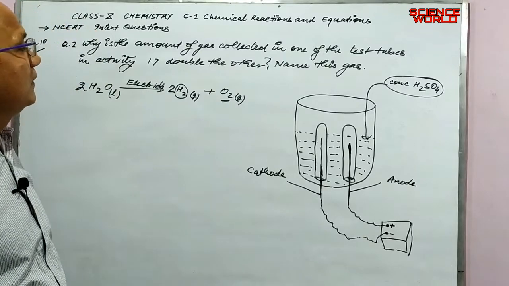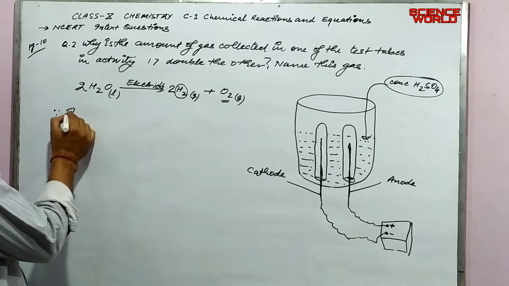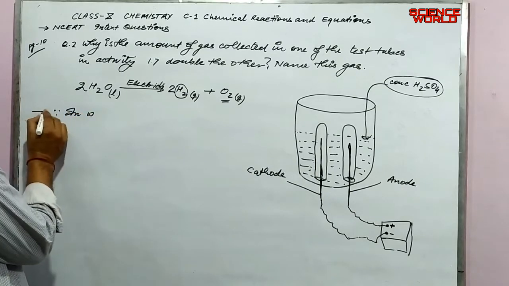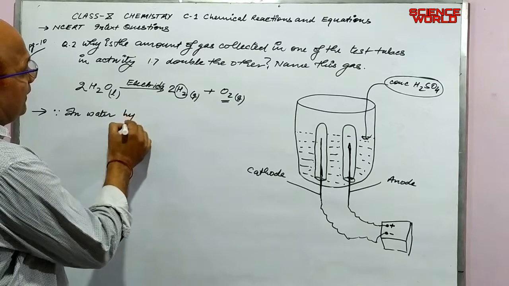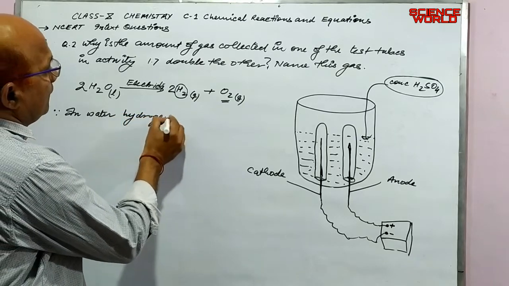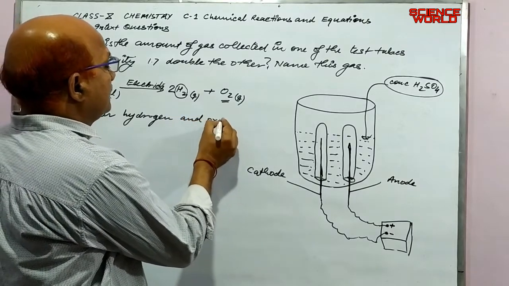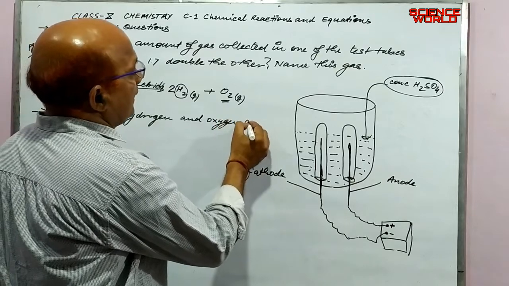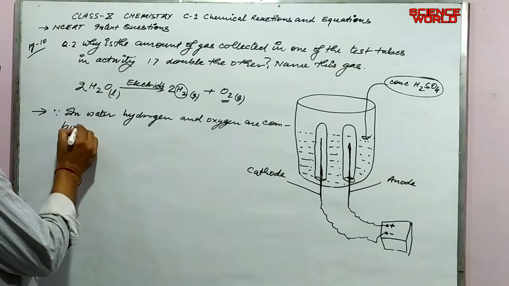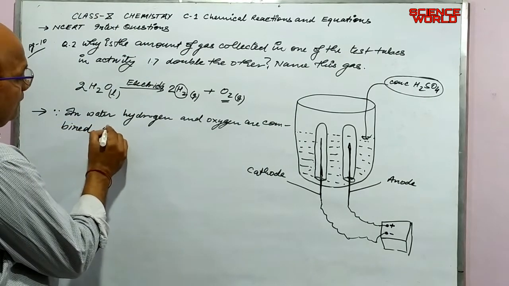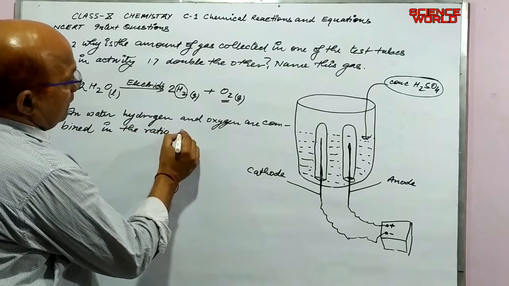This is the answer. In water, hydrogen and oxygen are combined in the ratio 2:1.